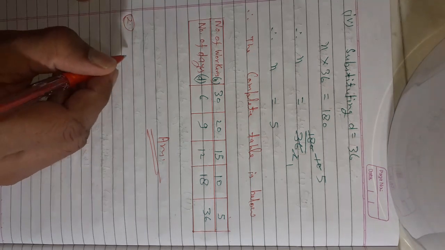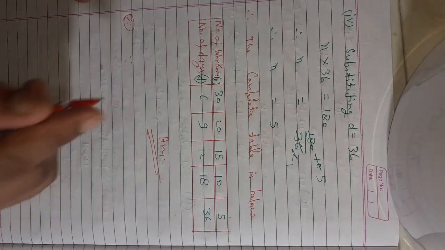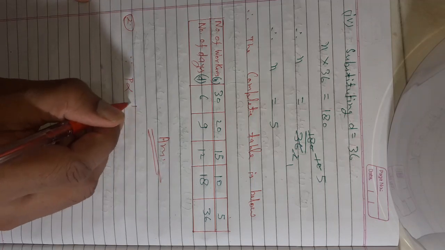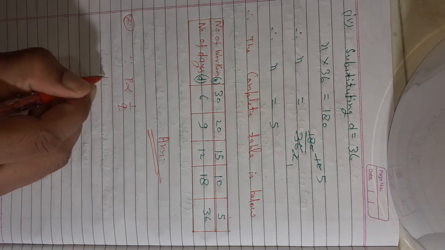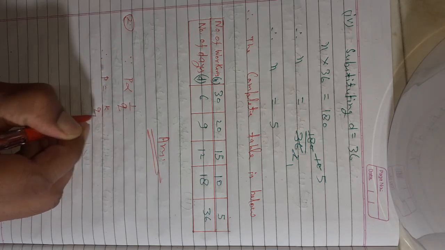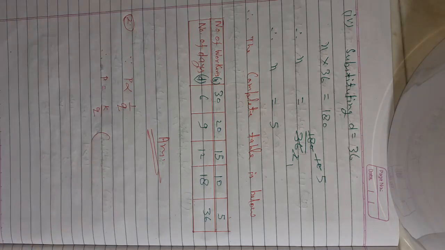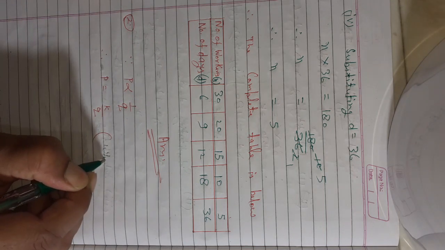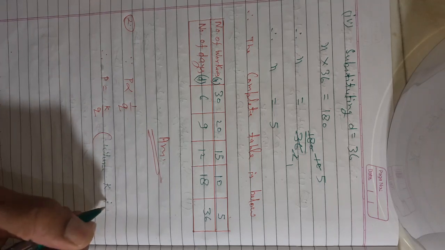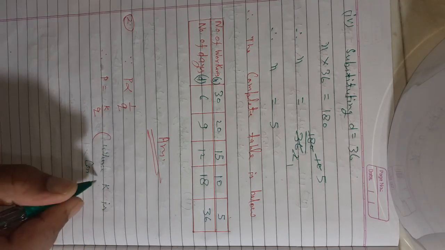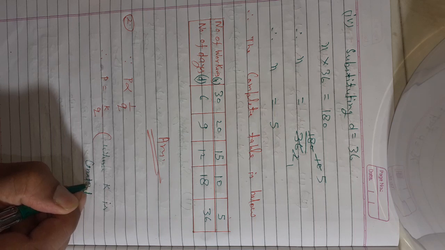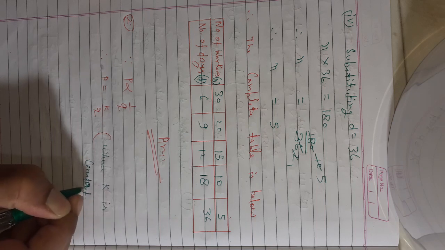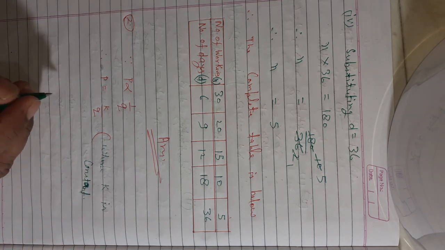So what is written here? Since p is proportional to 1 upon q, therefore p is equal to k upon q, where k is constant.